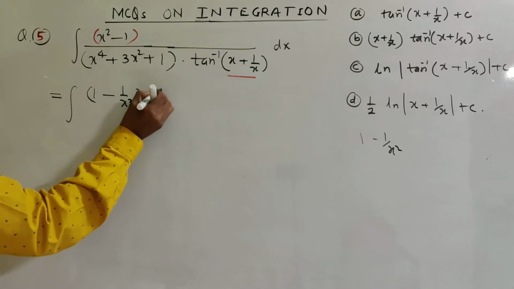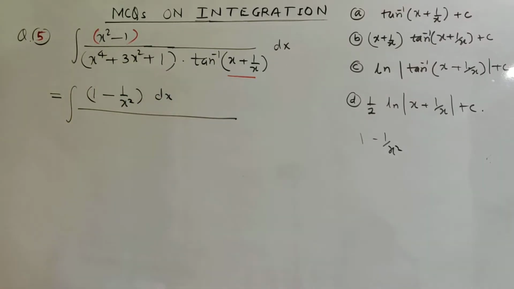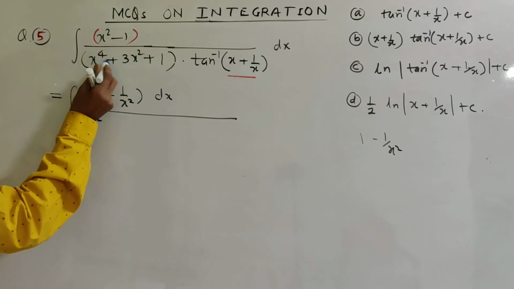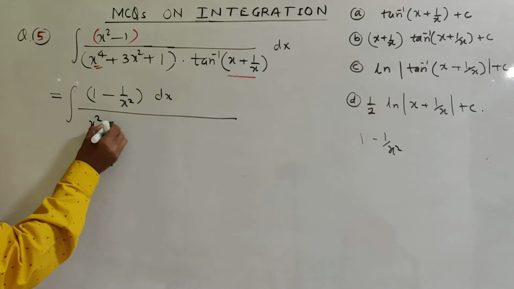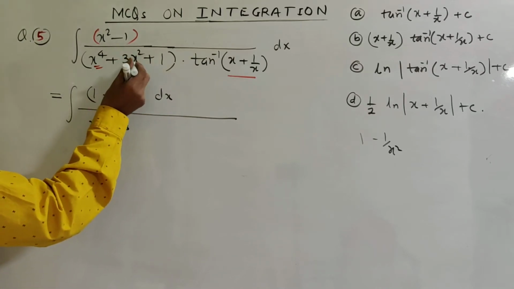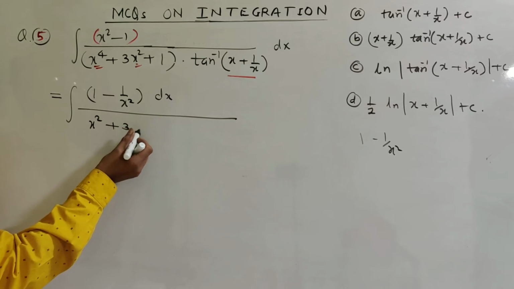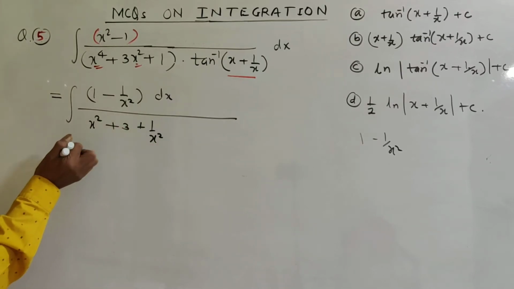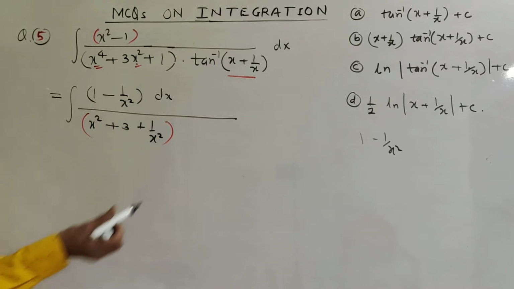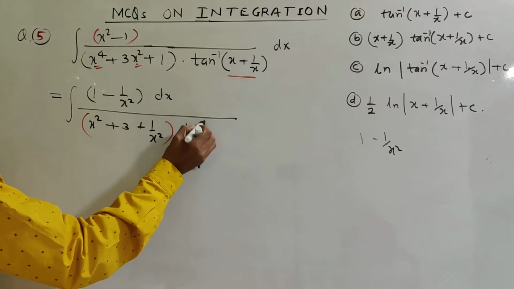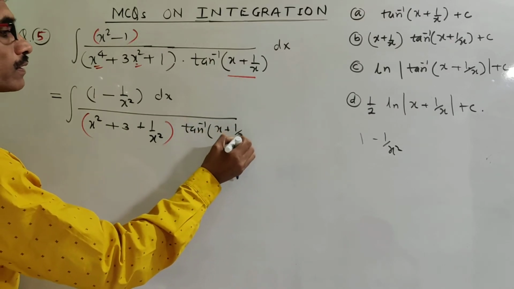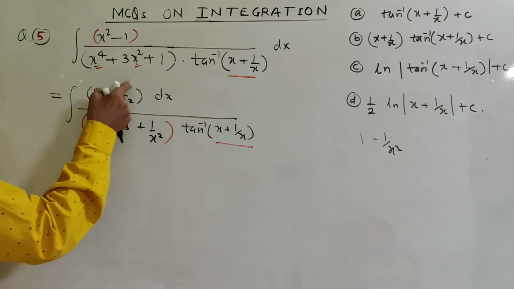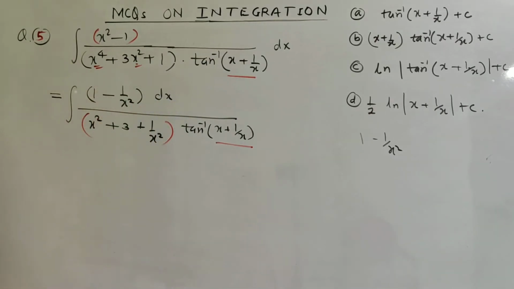You will get dx upon the denominator, which we also divide by x square. So it is x square plus 3, since x square is getting cancelled, plus 1 upon x square, and tan inverse of x plus 1 upon x. Now the derivative of x plus 1 upon x is 1 minus 1 upon x square into dx.